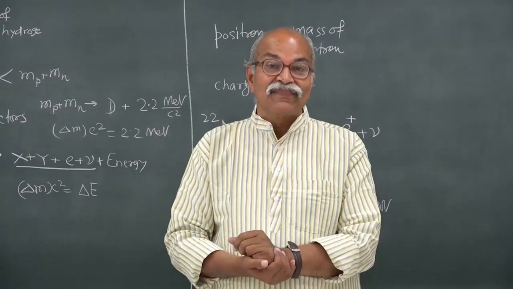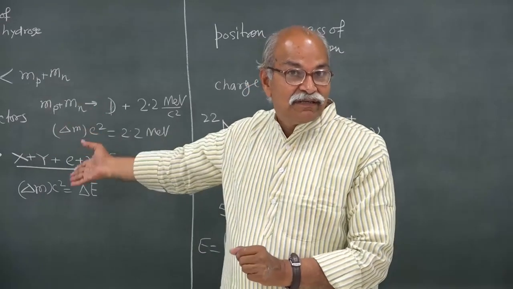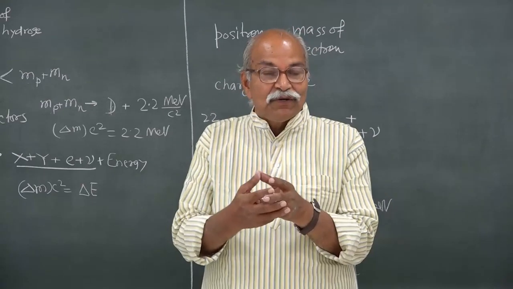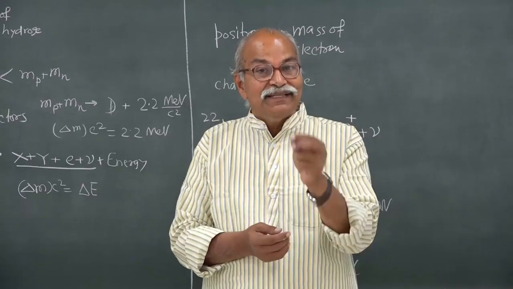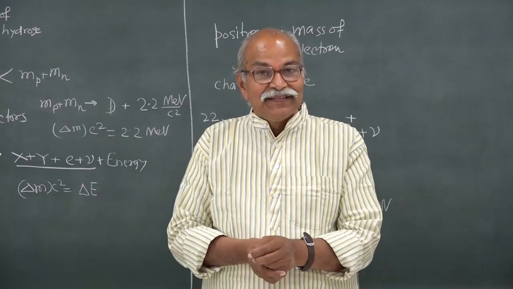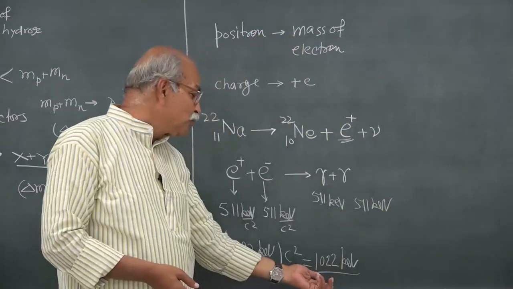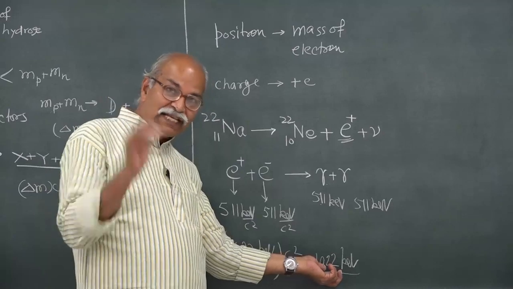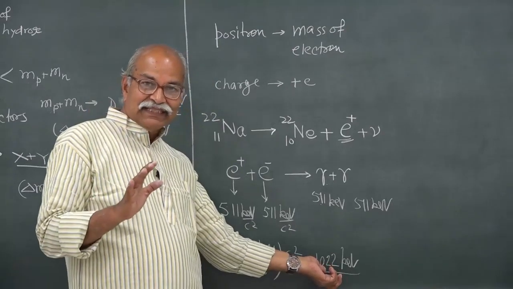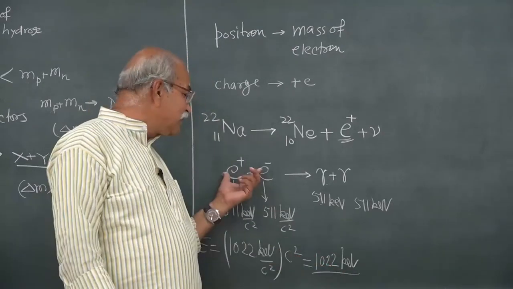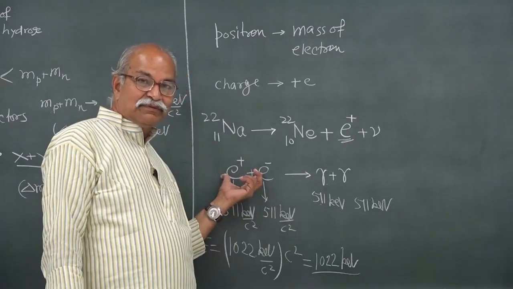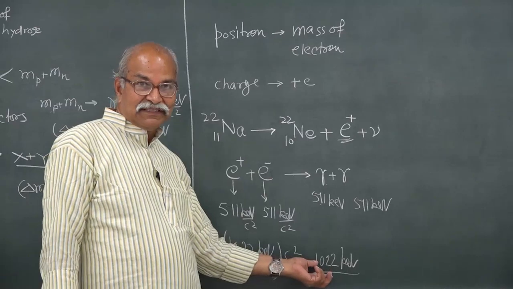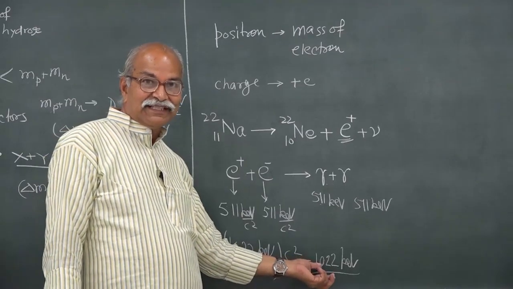But we will talk in upcoming lectures that a photon also has energy and momentum. So, if this 1022 keV photon is to be created, it will always have some energy and some momentum, but we need 0 momentum because the initial momentum is 0. So, you cannot have just one photon with this energy and 0 momentum.